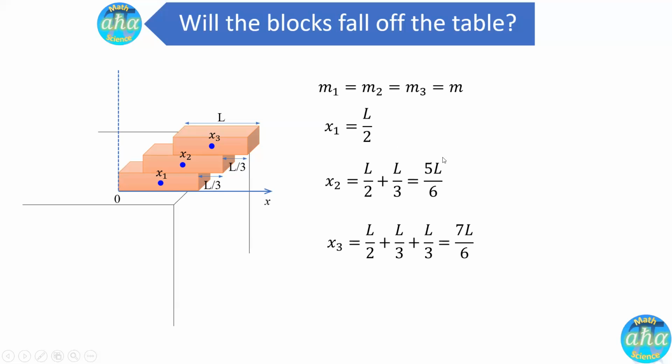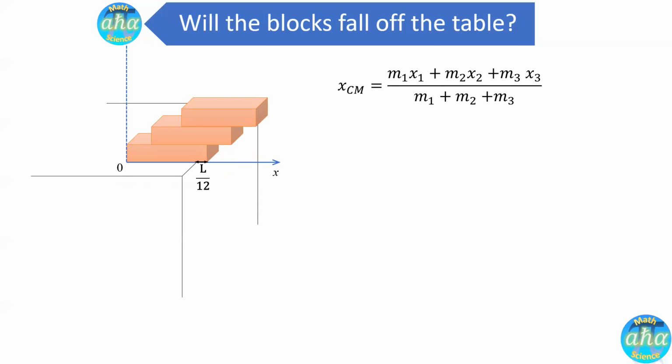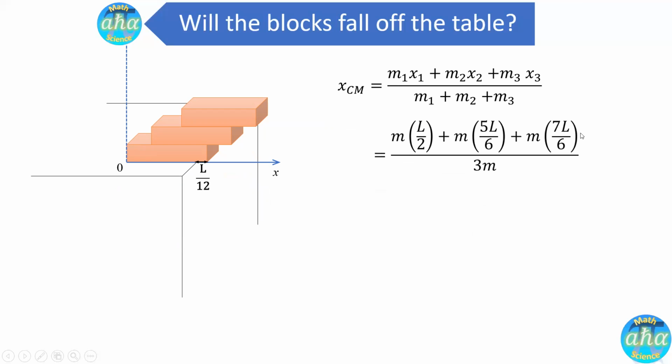So here are the three positions. X1 is L/2, X2 is 5L/6, X3 is 7L/6, and the mass is the same. It's just M. So now we are ready to plug these values into the equation for the center of mass, and the M is all the same.